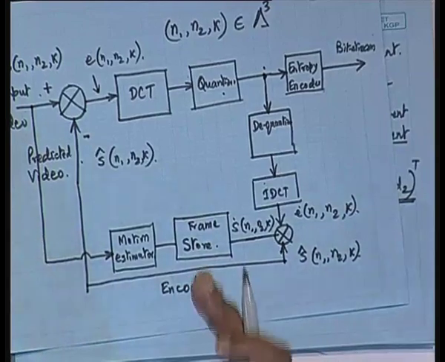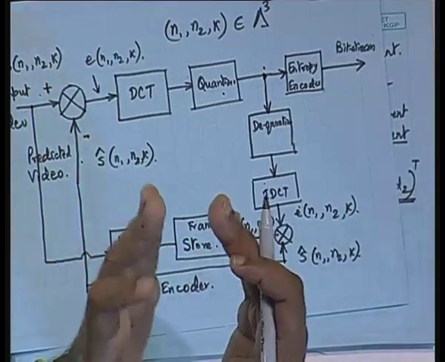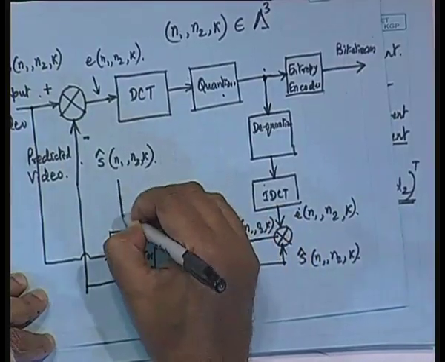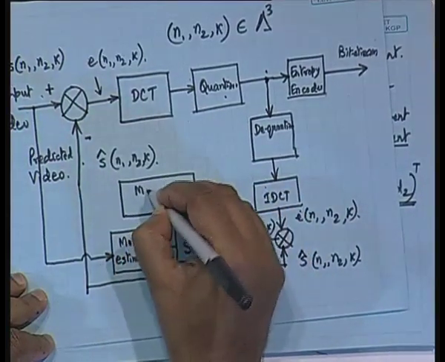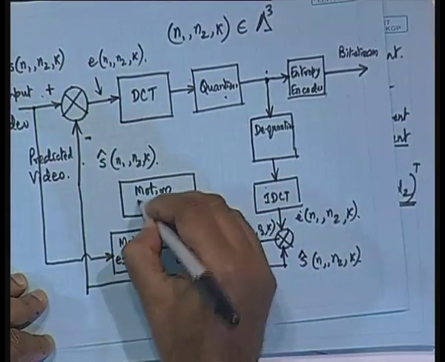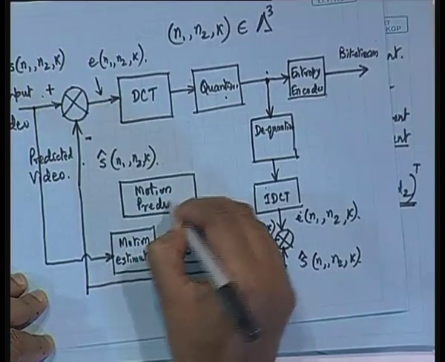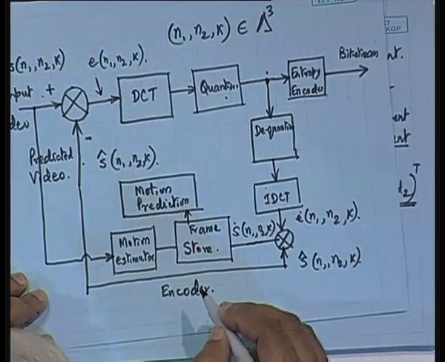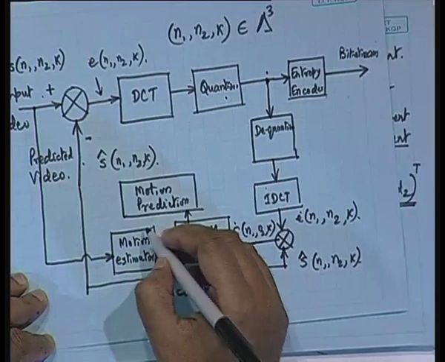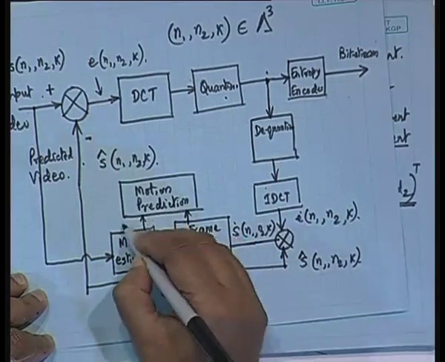If I know that this block is expected to move this much, I can generate a fictitious displacement and predict a frame. So, what we do is that there will be a motion prediction block, and the motion prediction block will work on the stored frame by applying the motion vectors.